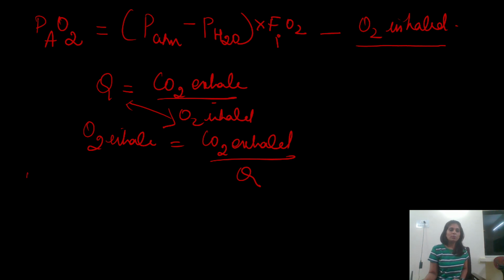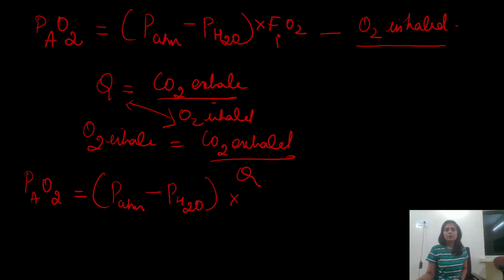So what is the formula now? Alveolar partial pressure of oxygen is equal to atmospheric pressure minus partial pressure of water vapor into fraction of oxygen in the inspired air minus, instead of oxygen inhaled, I'm going to substitute it with carbon dioxide exhaled by respiratory quotient.